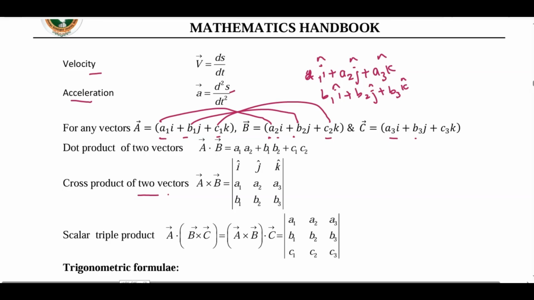Then the scalar triple product, a vector dot b vector cross c vector, is the determinant with rows a1 a2 a3, b1 b2 b3, c1 c2 c3. That is the formula for the scalar triple product.